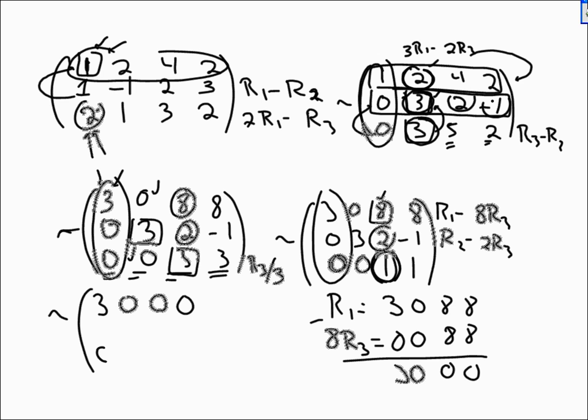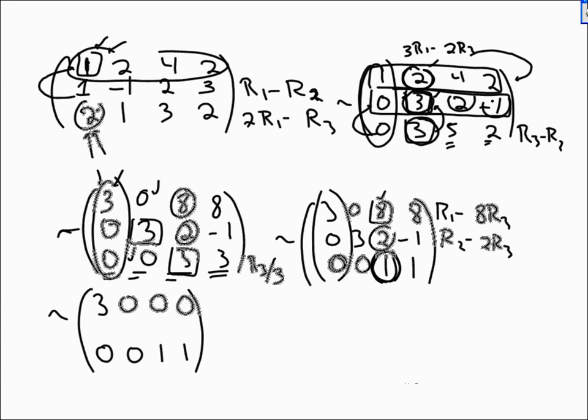And for the record, we're not changing the last row. But we are changing the middle row. We're doing row 2 minus 2 row 3s. How do I know that? I read it off. Right by row 2, I read off what we're doing. Write it down.